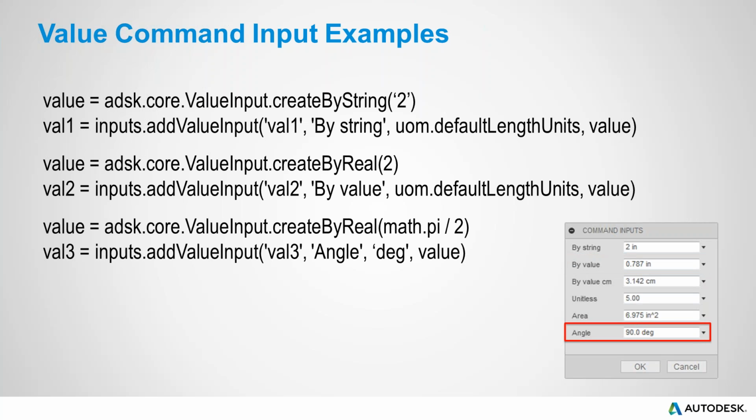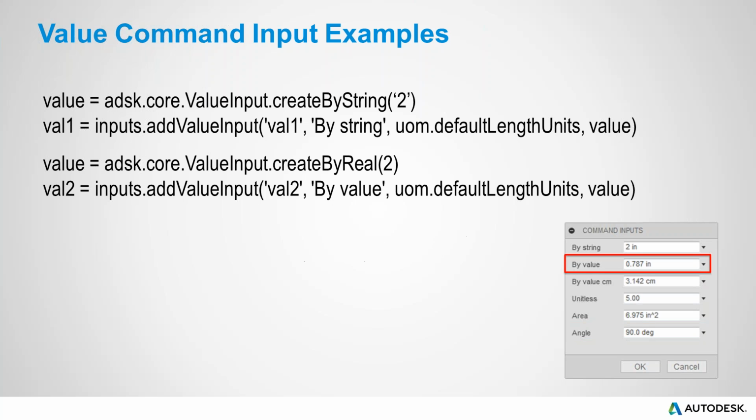So where that would be commonly used is if you've calculated some value, right? And now you want to display that in the dialog, and so now it'll take that value, which if it's length should be in centimeters. So you calculated it in centimeters, and you provide that, and now it displays it to the user in whatever units he's chosen to work in.